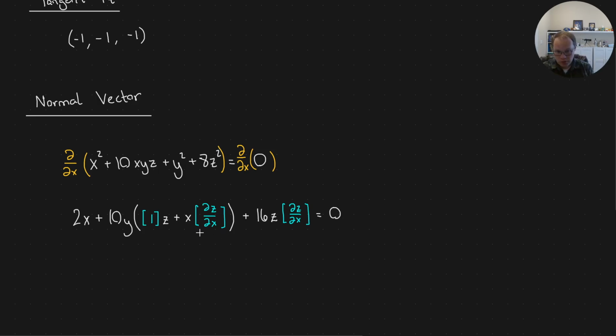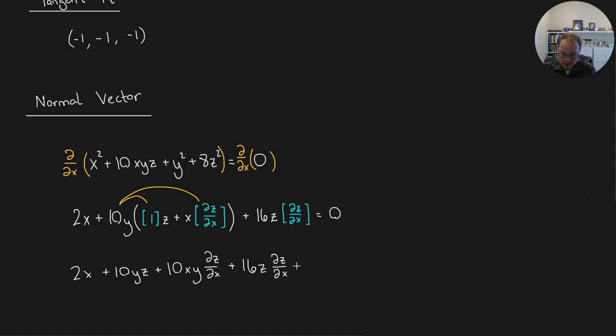Now what we want to do is isolate the partial derivative of z with respect to x on one side of the equation. So let's distribute this. To start off with, I get 10yz plus 10xy partial z partial x plus 16z partial z partial x.